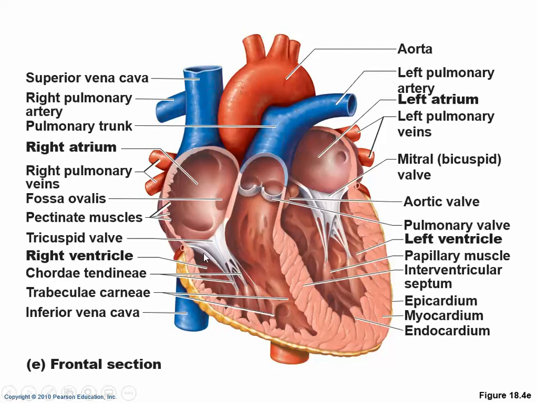These valves here are called the tricuspid and the bicuspid valve. This has 3 cusps, you can tell by 3 papillary muscles, so 3 flaps of this. This one has 2. On the left side, the name you'll hear most often used is the mitral valve.